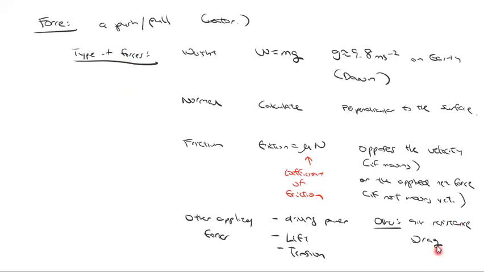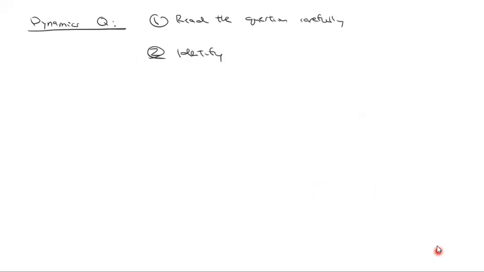Basically, whenever you're doing a question, make sure you read the question carefully. Identify all forces, and by that I mean both their magnitude and direction. Then draw a free body diagram.